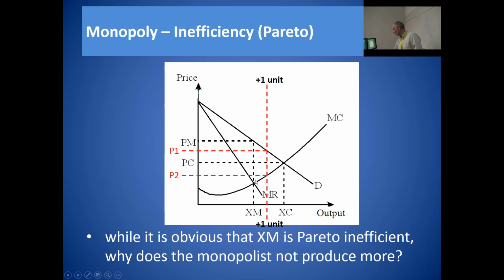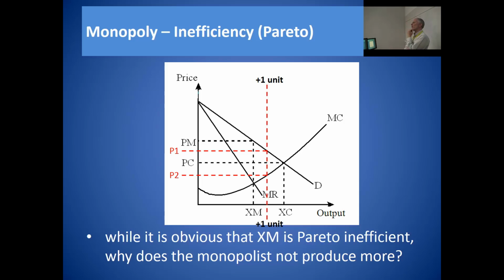And so, the monopolised output level is Pareto inefficient. So, again, what I said is we weren't going to reinvent the wheel. I wasn't going to suddenly say that this output level produced by the monopolist was anything other than inefficient. All we've done is put a slightly different complexion on it and talked about it in terms of Pareto inefficiency.